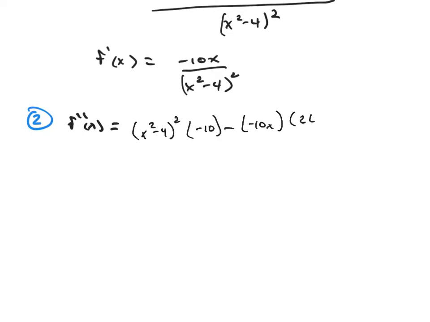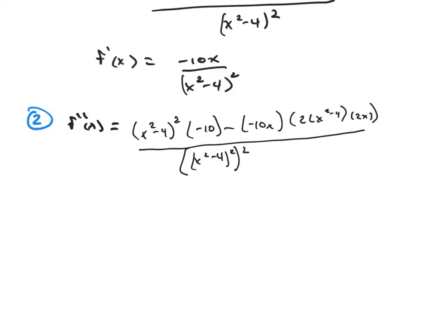Well, drop the power, keep the inside just the same, so that would be 2 times x squared minus 4 to the power 1, times the derivative of the inside. Well, the derivative of x squared minus 4 is 2x. Again, that's from the chain rule, taking the derivative of the inside. All of this is over x squared minus 4 quantity squared, but then I need to square that, right? So the bottom squared. So it's really x squared minus 4 raised to the 4th power.